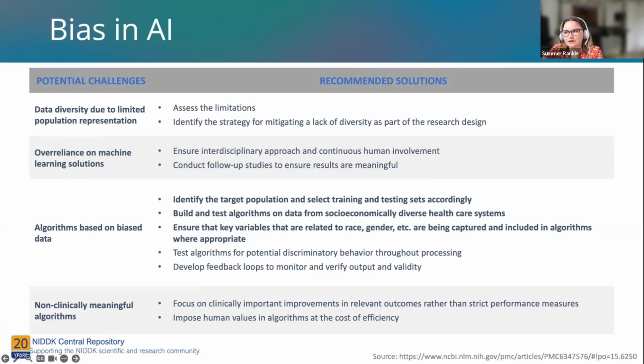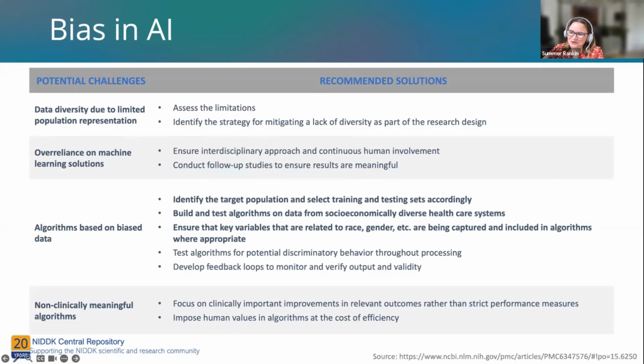And I know that doesn't sound very detailed, but that's because it really depends on the data and it depends on the use case. An over-reliance on machine learning solutions, we mitigate this by including a human approach as well, right? We wouldn't just let the algorithms go and be like, well, don't need doctors anymore, right?